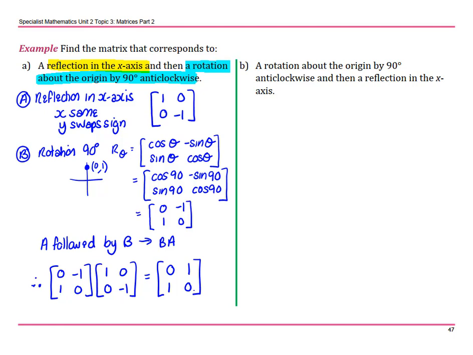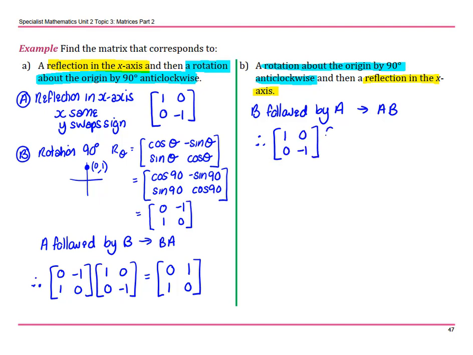Okay? Next, a rotation about the origin by 90 degrees, then the reflection in the x-axis. So we're going the opposite way. So we're doing B followed by A, which means we want AB. So therefore, it's going to be [1, 0; 0, -1] times [0, -1; 1, 0].